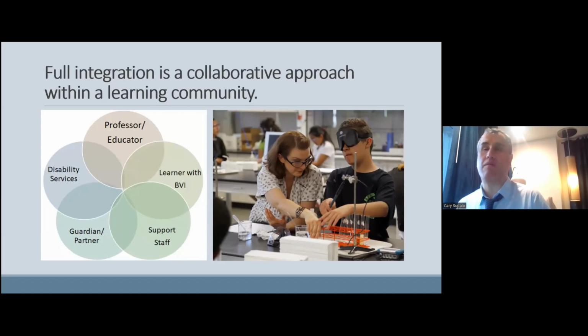And as you see here, here's a picture of my friend, Dr. April Hill, again, working in a laboratory classroom with a BVI student, working with a pH sensor and some colored liquids and various beakers. This all was made possible not just by the faculty member knowing what is indeed possible, which is a key point, but also the university has a disability support services office that provides access to the curriculum, provides access to Braille materials, large print materials, and hard copy Braille digital form.